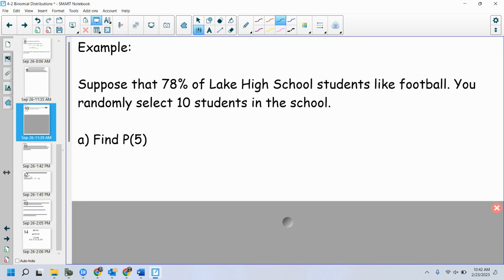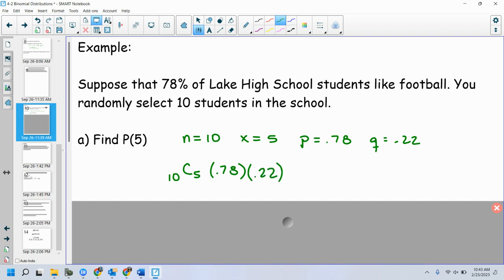Okay. Well, in this case, I would say N is 10, X is 5, P is 0.78, and Q is 0.22. So that means I want 10C5, and then P is 0.78, and Q is 0.22, and they are both raised to the 5th power, right?